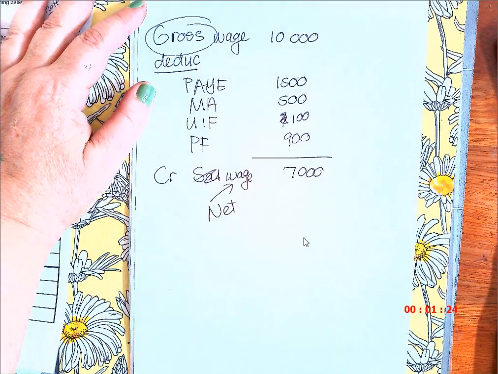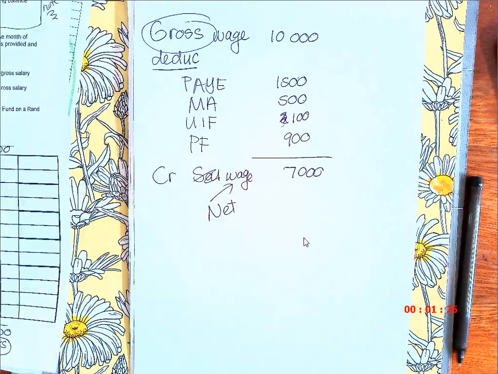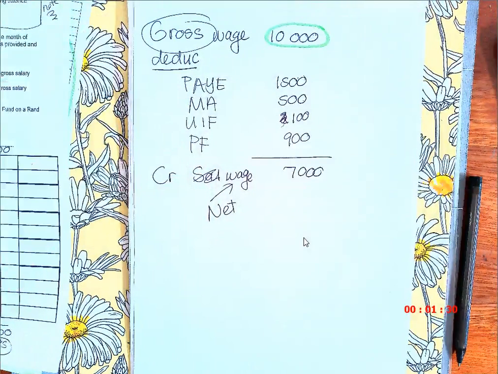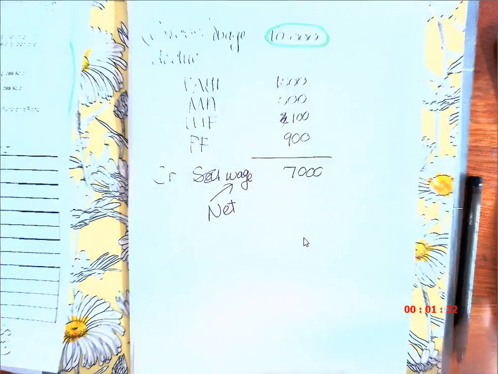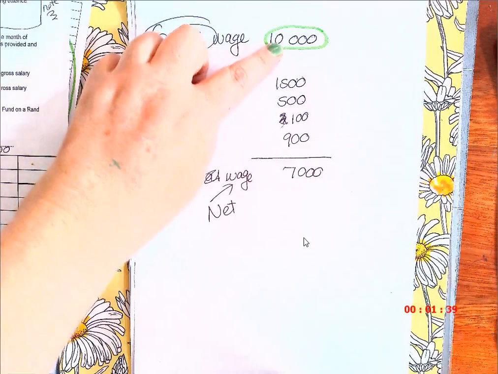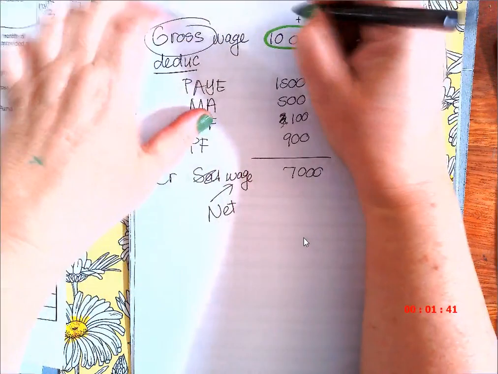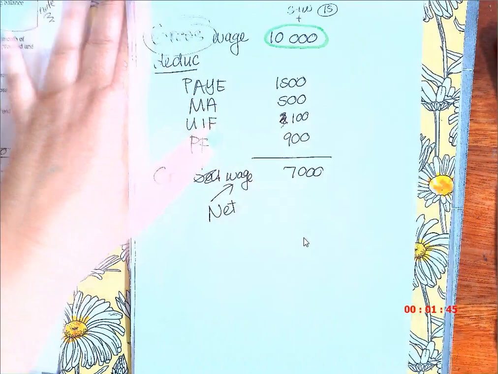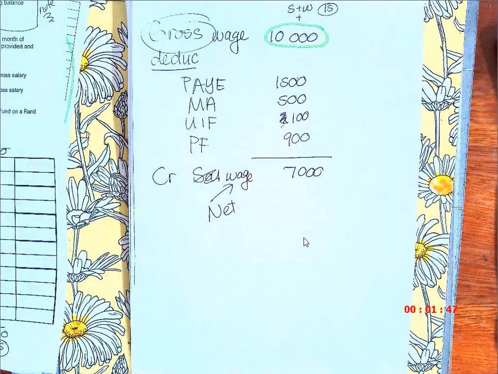Now, this 10,000 is my expense. This is how much it costs me, ne, to employ this worker. So that 10,000 I will add to salary and wages in the income statement. Everybody sharp.